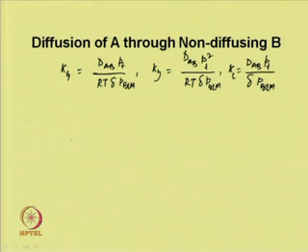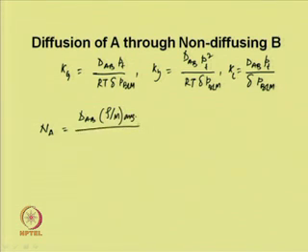Similarly, for the liquid phase, the diffusion of A through non-diffusing B, we know the flux equation Na is equal to DAB rho by M average divided by delta XBLM into (XA1 minus XA2).